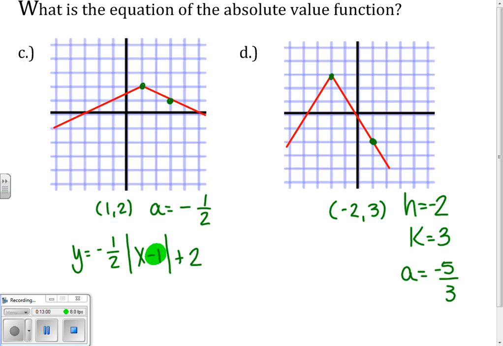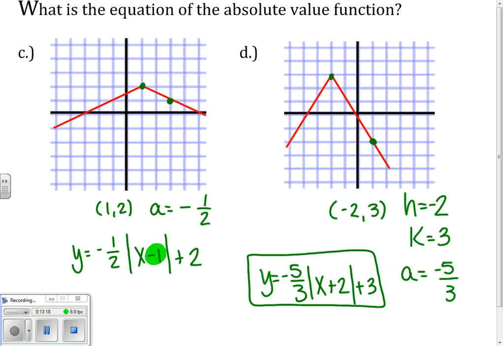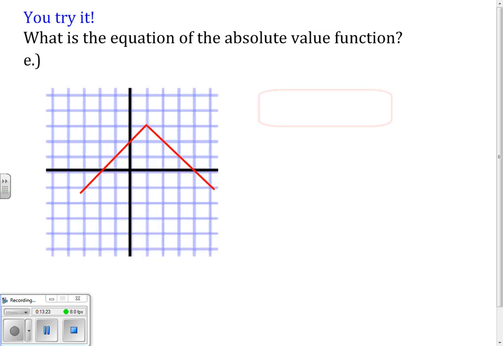So if I substitute, I get y equals -5/3 times the absolute value of x. And instead of minus h, my h value is negative, so I'm going to make this a plus 2 because it's x minus h, but h is negative. And then finish with your plus k, which is plus 3. Pause the video to do the you try it.